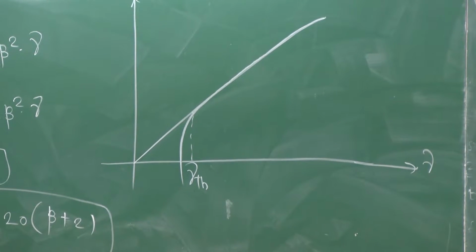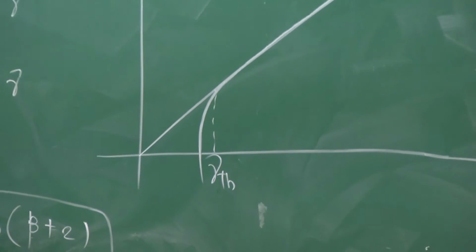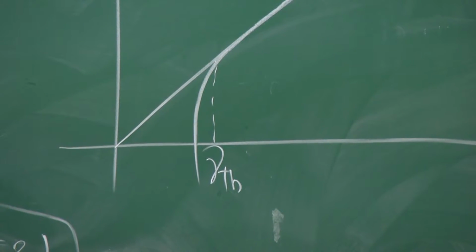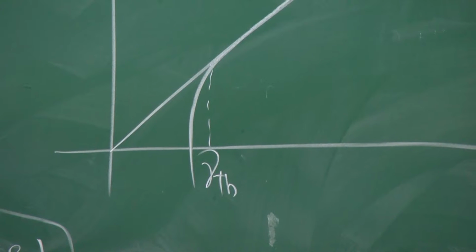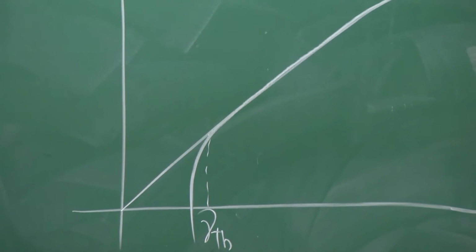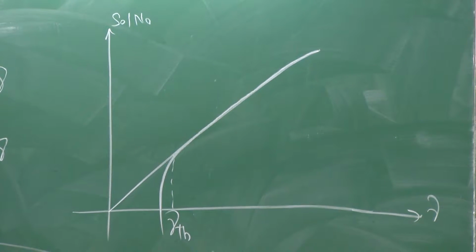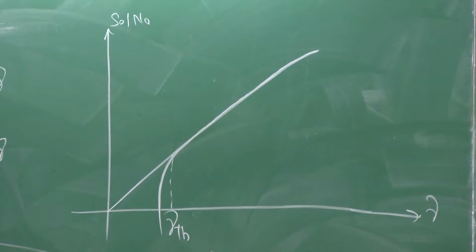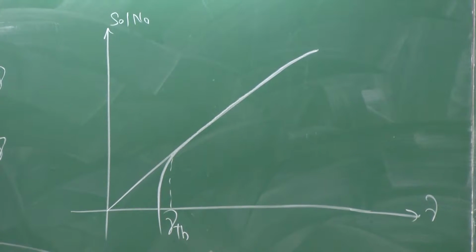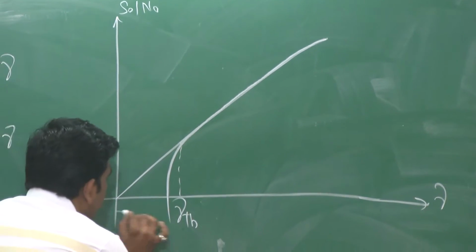This threshold point, gamma threshold, is the minimum input signal to noise ratio below which your system gets distorted. We are not able to hear the songs when working below this region.